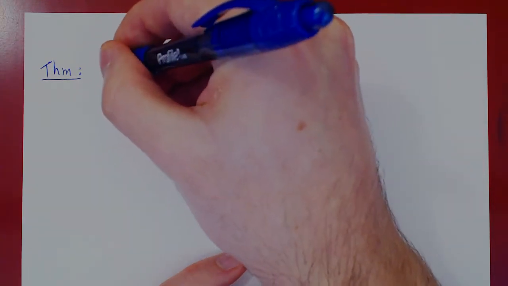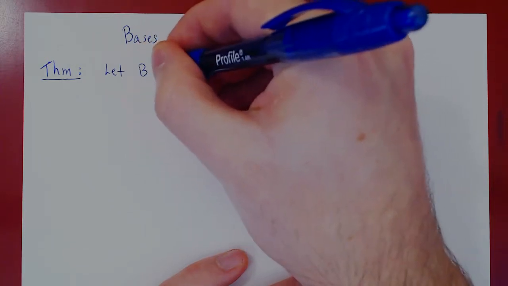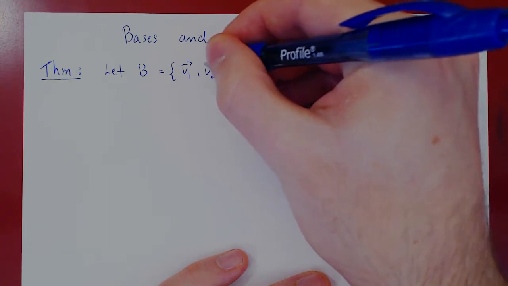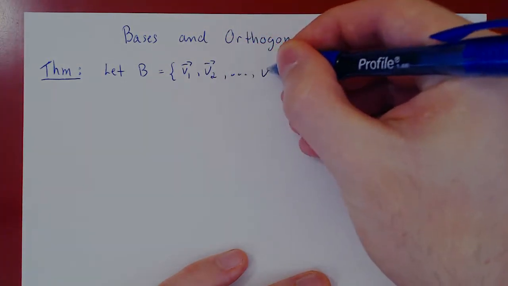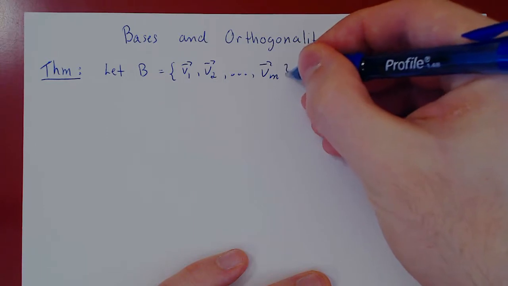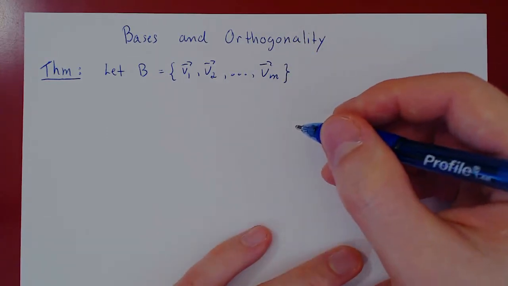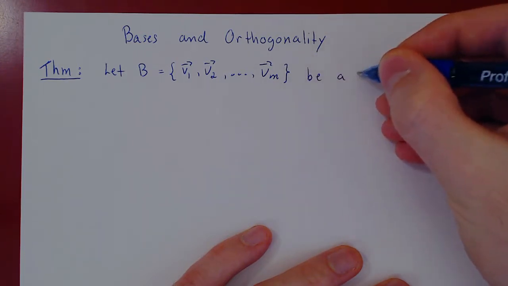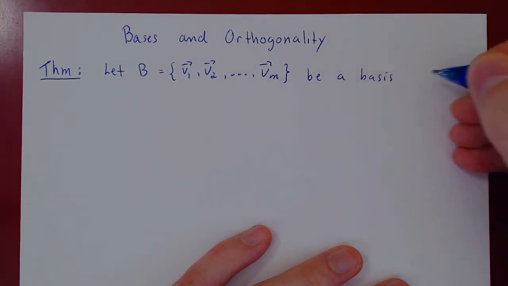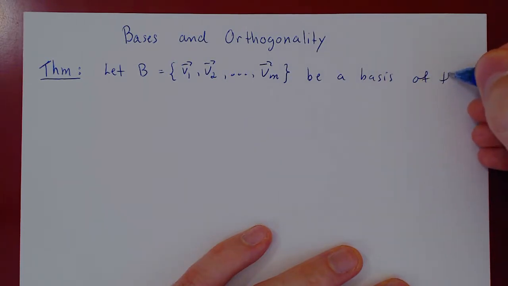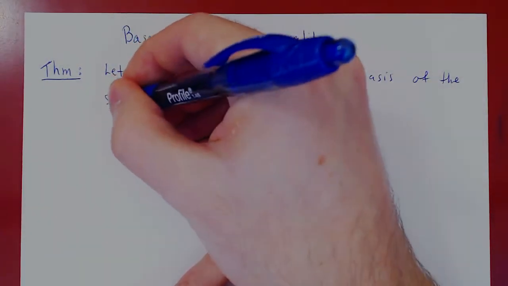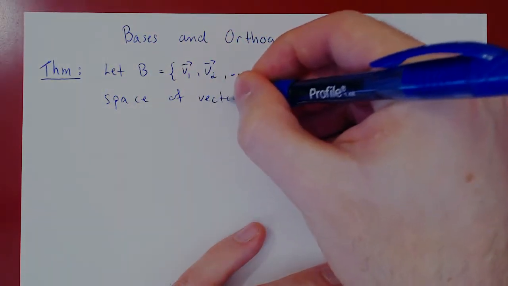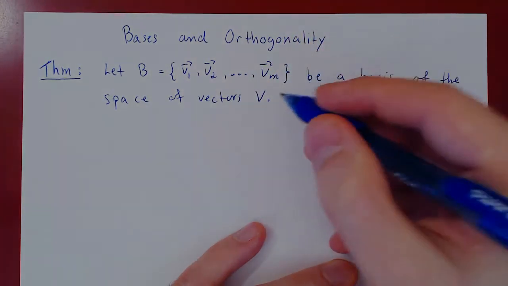So let B be a set, say, of m vectors, v1, v2, up to vm. So let B be a basis of the space of vectors, say V. So we have a space of vectors.